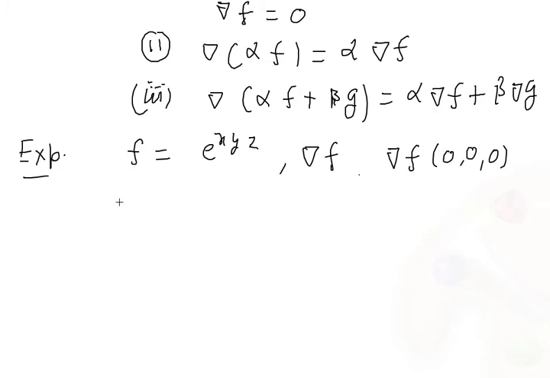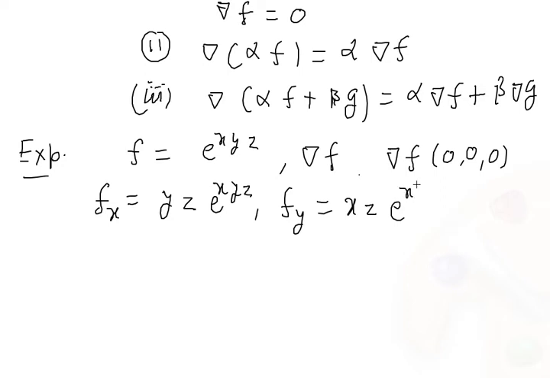Okay, so let us see the partial derivative fx. You know for differentiation with respect to x, y and z will be constant. So the partial derivative is yz e to the power xyz. In a similar way, fy is xz exponential xyz.